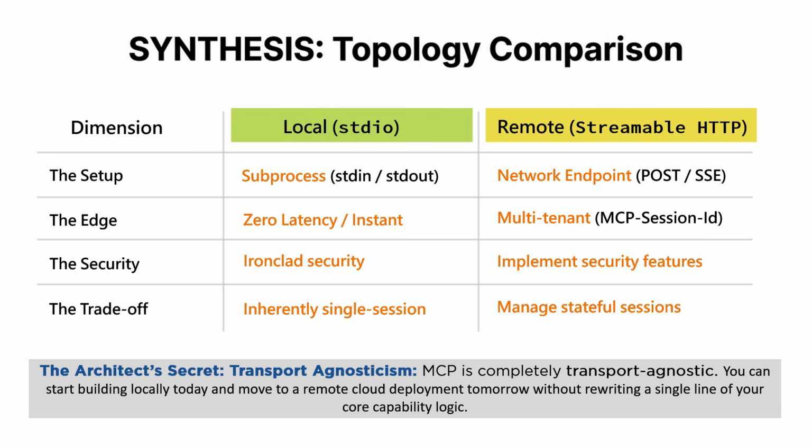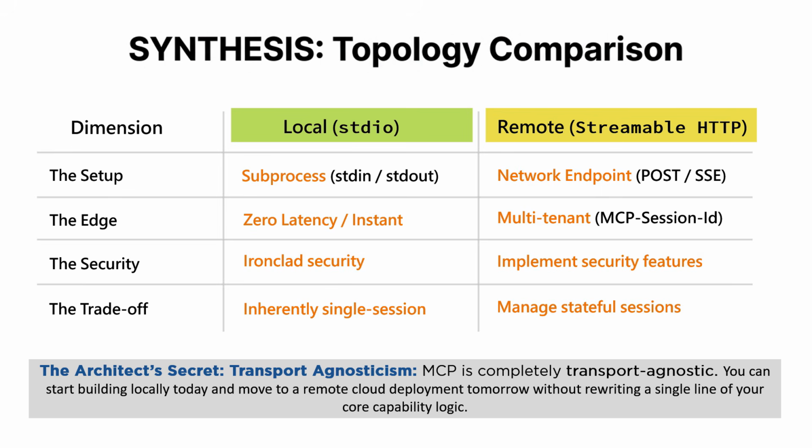Let's also talk about transport agnosticism. The coolest part of the comparison? MCP is completely transport agnostic because the protocol separates the data layer, which is what the messages mean, from the transport layer, which is how it's delivered. You can write your local tool logic just once. You can start building locally today and move to remote cloud deployment tomorrow without rewriting a single line of your core capability logic.